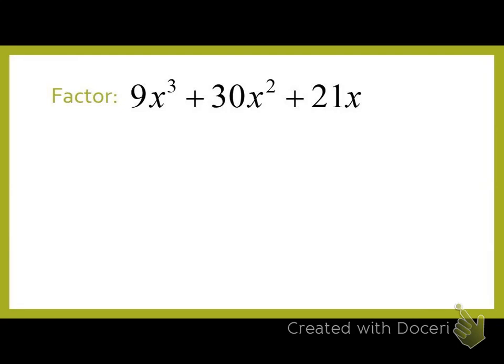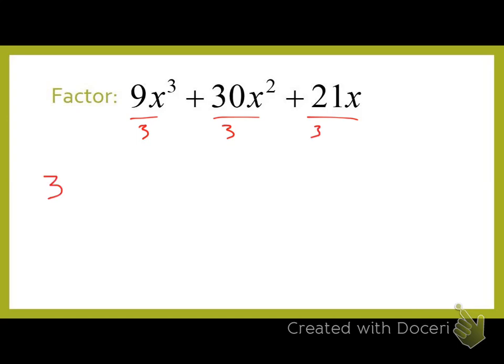And usually students remember that first thing you always look for is a greatest common factor. So we look through these 3 terms. We need to come up with something that will divide into all coefficients. And if they have x's in common, then we can factor those out as well. If we look, we can divide all of these guys by 3.